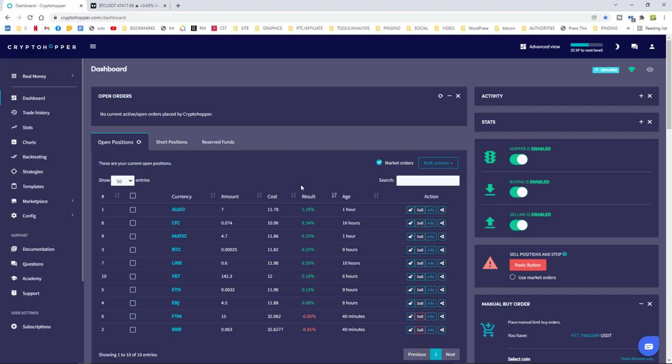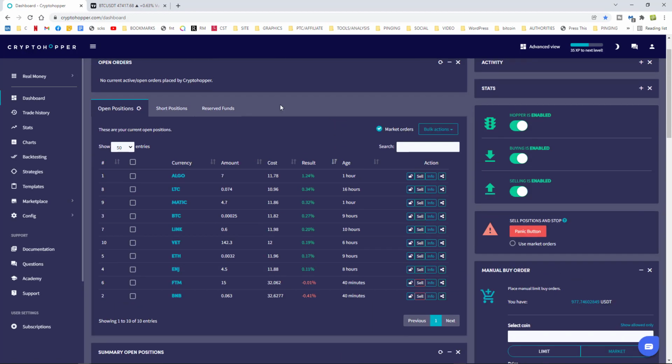What I'm going to do is, I've got the 5-minute strategy running right now on this, and I'm just using small amounts at the moment because I'm not sure what Bitcoin's doing right now. I'm a little bit bearish on Bitcoin. I don't know if it's going to tank down to 41k like a lot of YouTubers are saying or not. So while we're waiting on Bitcoin, I'm just keeping things small at the moment.